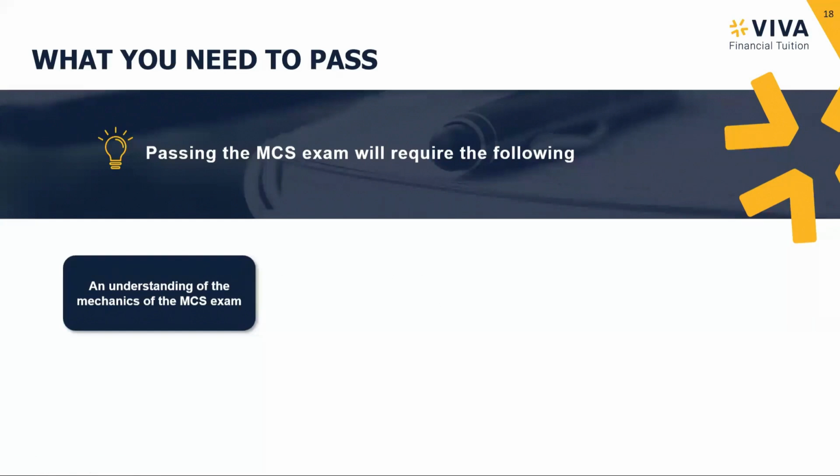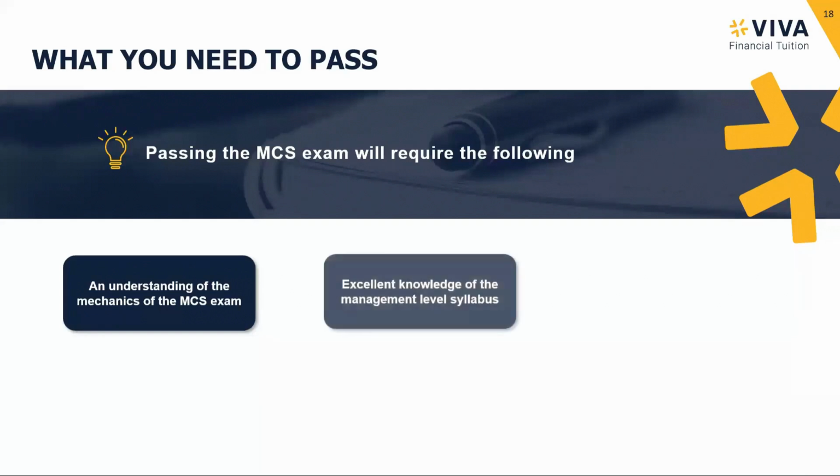That will give you a good understanding of how things are tested. You can look at the website. Obviously, if you're on our course, we've got a session tomorrow evening, which is all about the exam and how the markers mark it, etc. So you need to get a good understanding of that exam, what it's about, how it's marked, so that you know what you're trying to deliver on exam day.